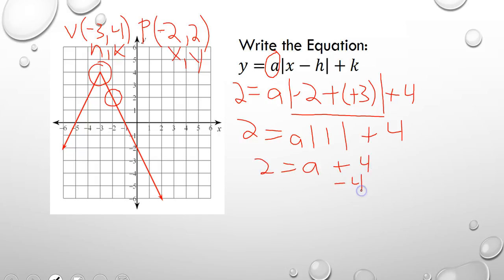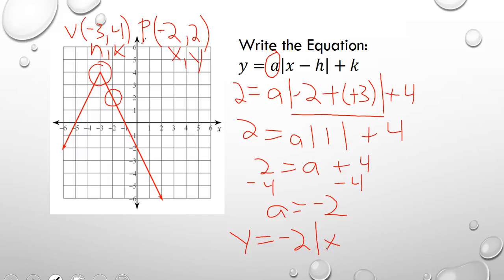Subtract 4 from both sides, and I get a is equal to -2, which is great because I know my graph opens down, so my a value should be negative. So when I go and actually write the equation, I want to leave it in terms of x and y. I want to replace my -2.